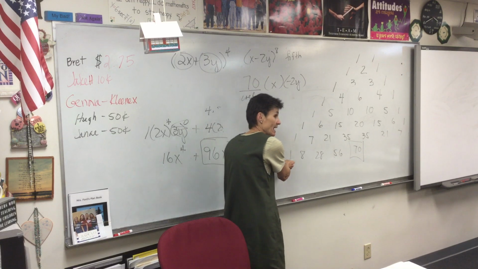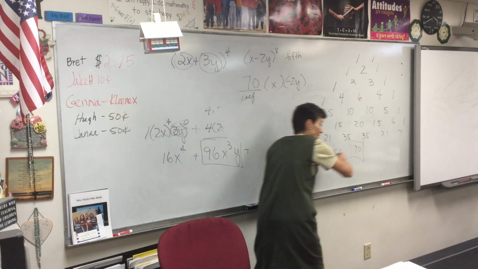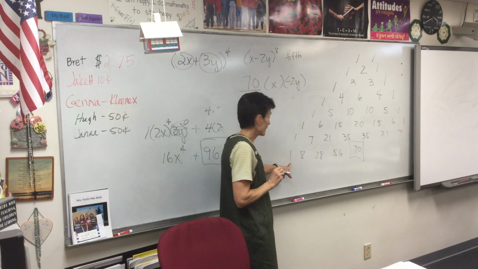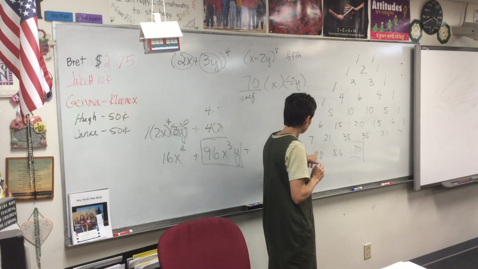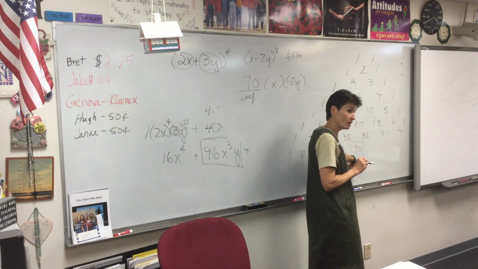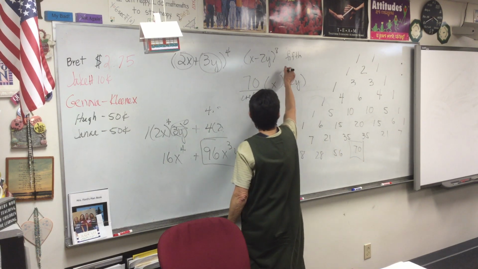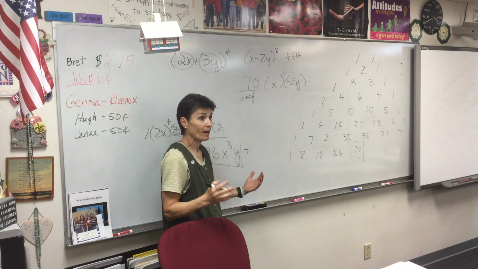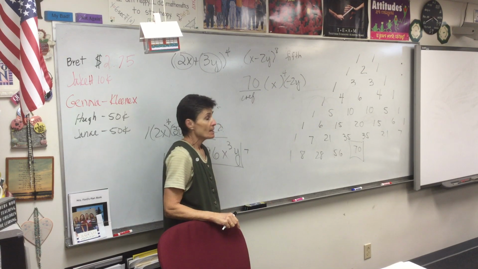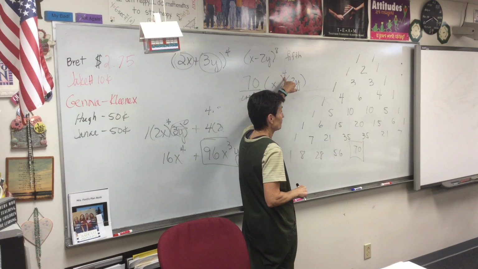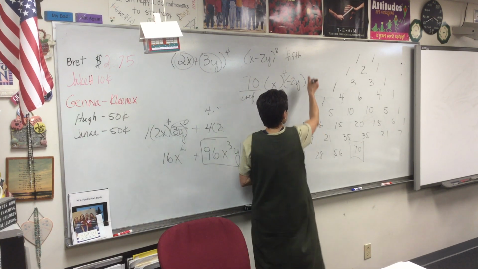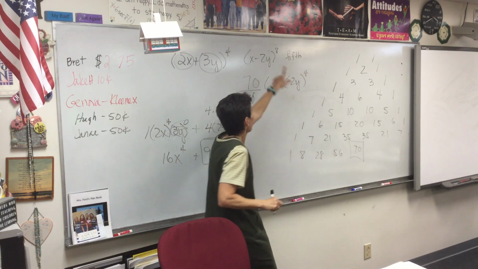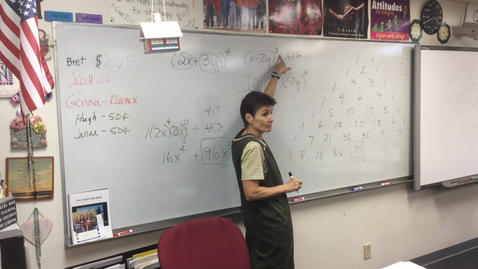So in the 8th row, all these terms right here, I would start with x to the 8th, and then it would be 7, 6, 5, 4. So this would be a 4, and there's nothing magical or mystical about it. I got it by counting. And once I know that's a 4, this has to be a 4 because the powers within each term have to add up to that, right?